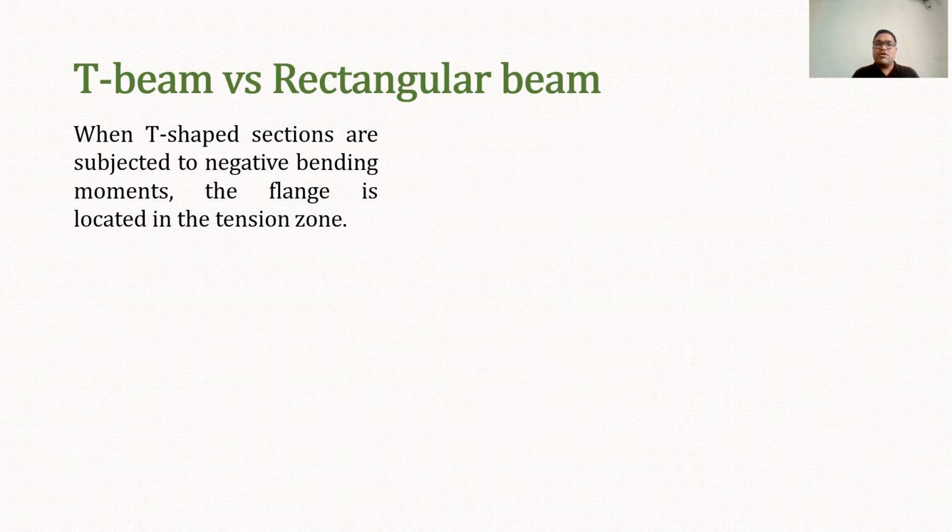This behavior of T-beam and rectangular beam is completely based on the behavior of moment. So if in any region there is a positive bending moment, our beam will be behaving as a T-beam or flanged beam. And if there is a negative bending moment, there it will be behaving as a rectangular beam.